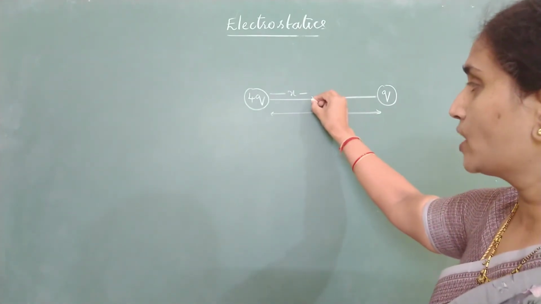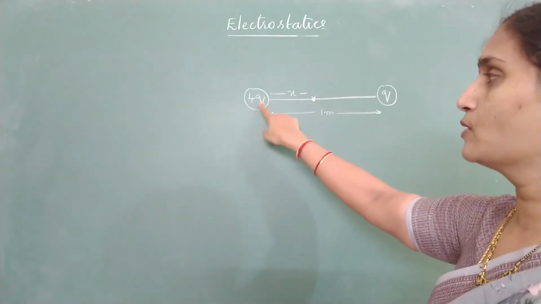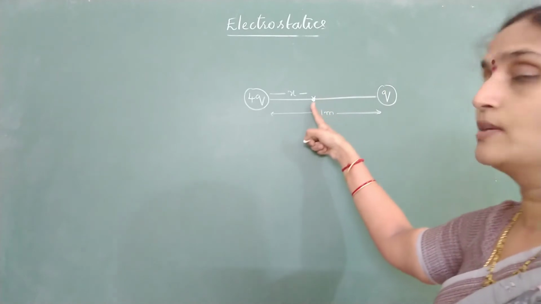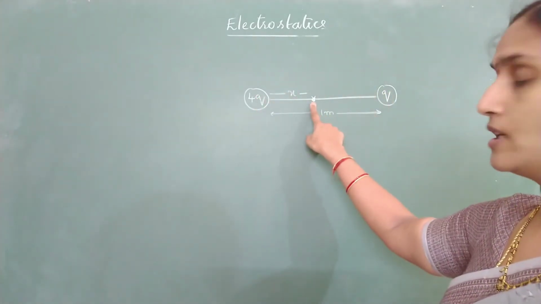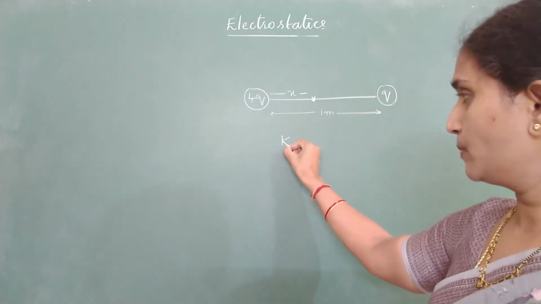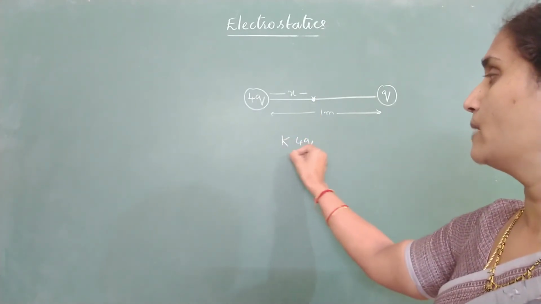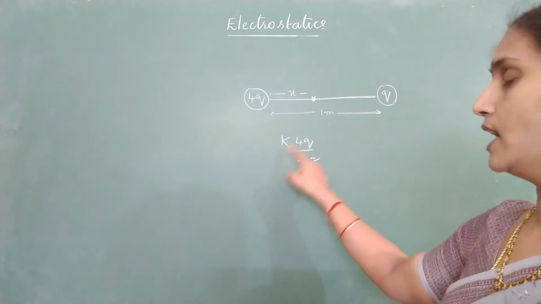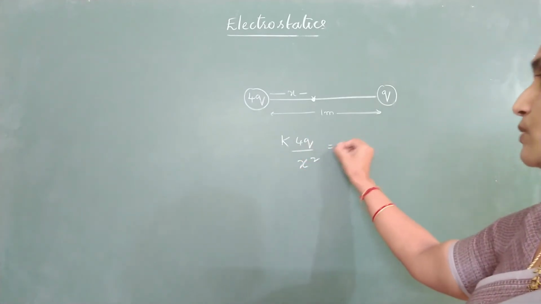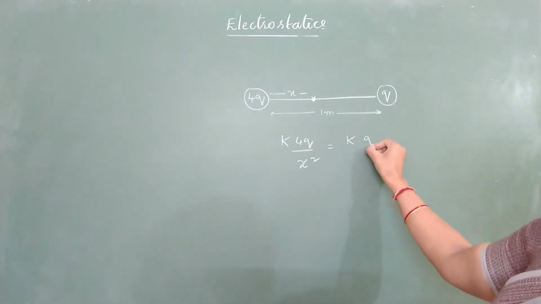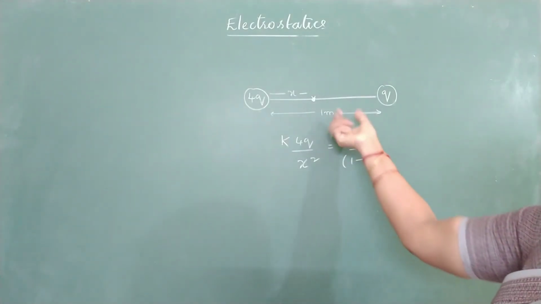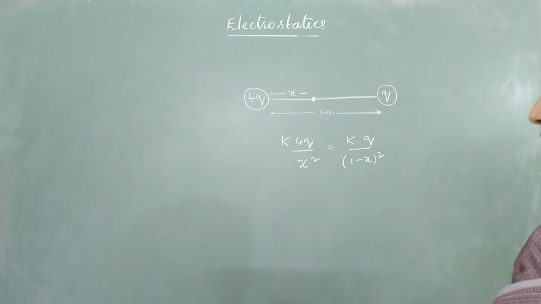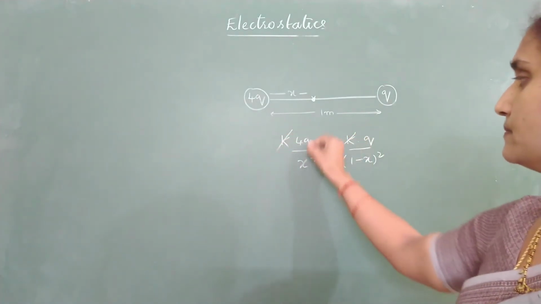Field at this point would become 0 if the field produced by 4q is cancelled by the field produced by q. So I will equate the two fields at this particular point. 1 by 4 pi epsilon naught 4q by x square should be equal to 1 by 4 pi epsilon naught q by 1 minus x whole square, because the remaining distance will become 1 minus x. Simplify this.